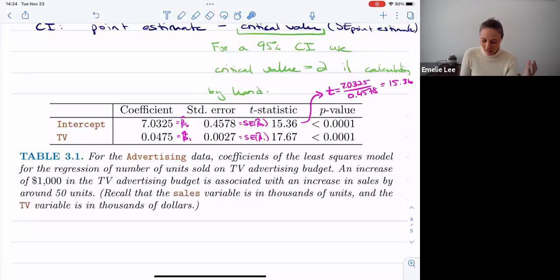It looks like it does because this p-value is really, really small, which means that even though the slope of 0.0475 is really small in comparison, that slope is significantly different from 0. So that's good. It means that there is a relationship between the sales and the TV budget.